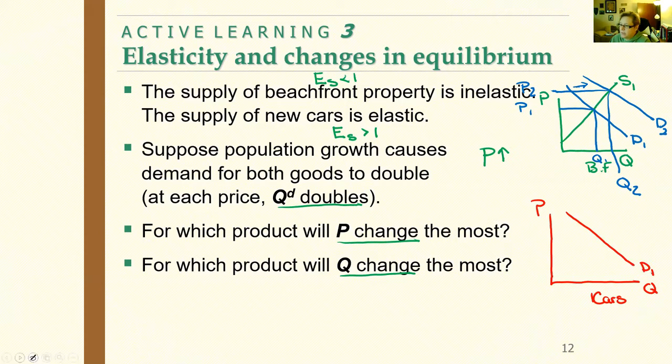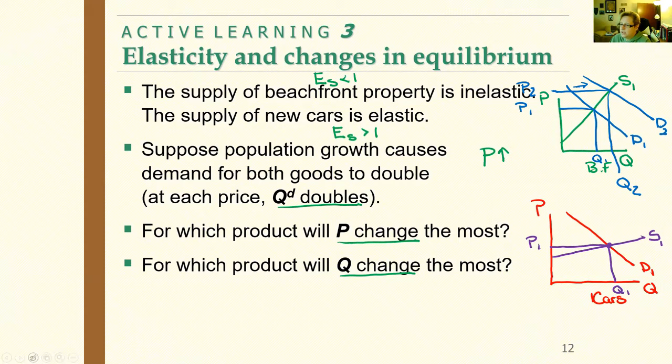But this time, when I draw the supply curve, I want to keep in mind that the supply is going to be flatter. So I drew this one almost unit elastic, but I'm going to draw this one really flat. So there we are. And here's the price, P1, and here's the quantity, Q1. So that's where we're starting.